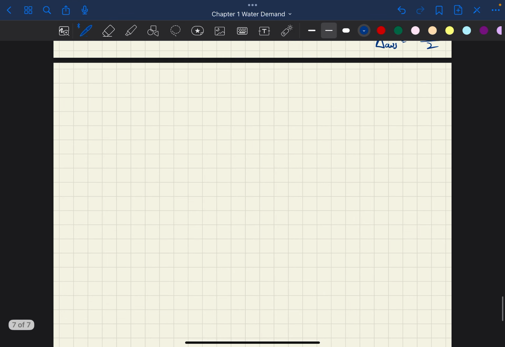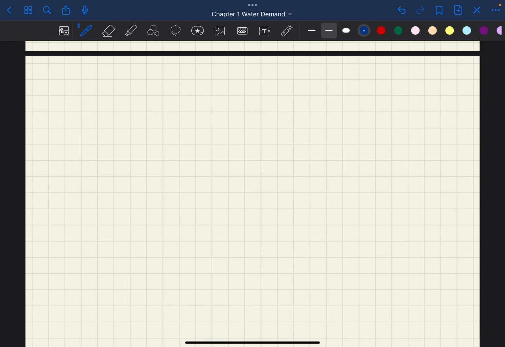Say we are going to do it with an example. So I'm going to write here population. Say 2007 population is 50, 2017 population is 55, 2027 population is 70, and 2037 population is 95.